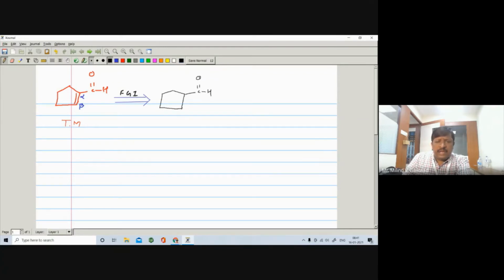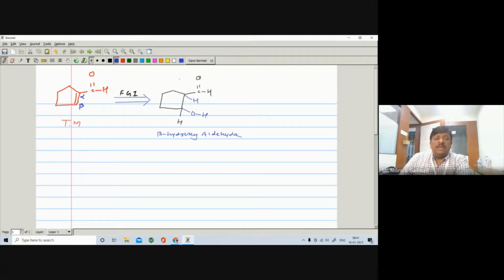The valency of the carbon is 4: 1, 2, 3, right? So if you add the water molecule, there is addition of OH at the beta carbon and addition of H at the alpha carbon atom. So it is a beta hydroxy aldehyde.